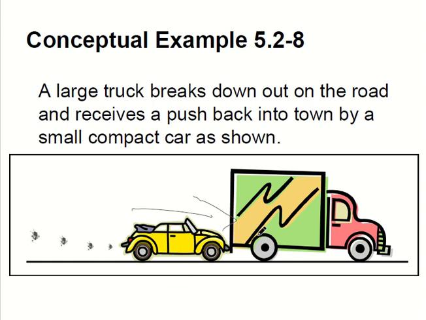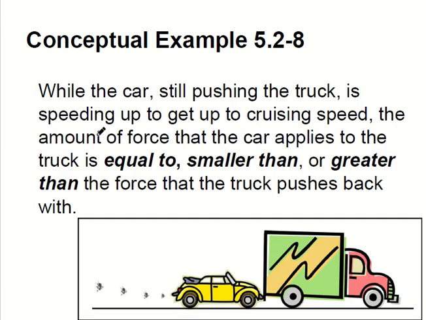This car is going to push this truck, and it will go into the town, but a small compact car is going to push this truck and put it back into the town. So your force again is like this. Now that car is going to start pushing the truck, and it's going to speed up to get up to cruising speed. So we want to increase the cruising speed, so the yellow car is going to speed up.